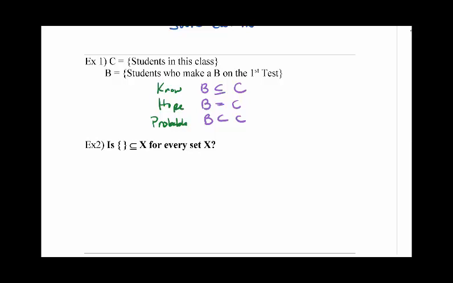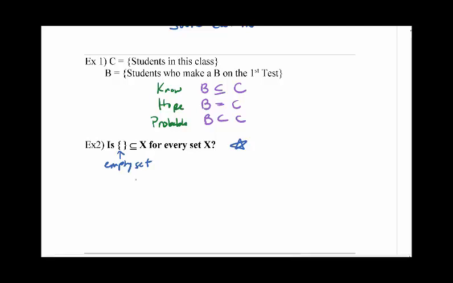Number 2, this is an important question. So I want you to think about it. Is the empty set, because remember that's what this is, the empty set a subset for X, where X is any set you want to make it. Doesn't matter how big or small, doesn't matter how many members, what type of members. Is the empty set a subset for every single set X?